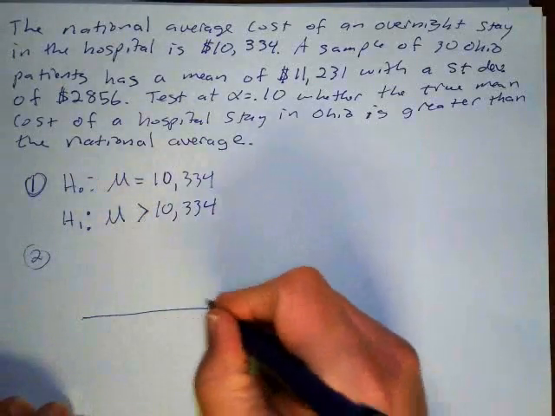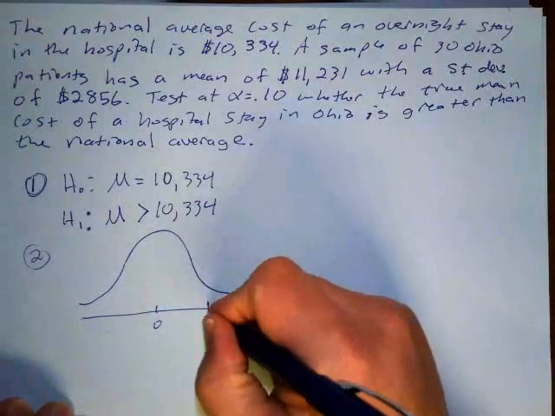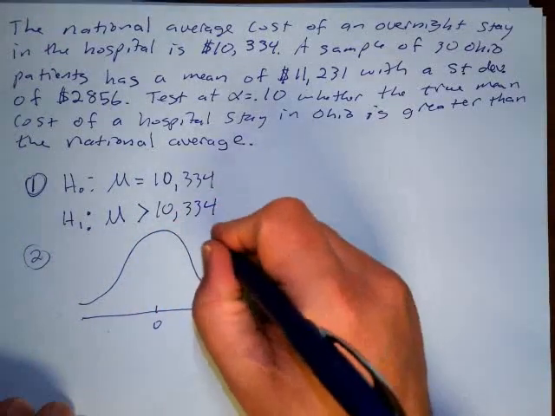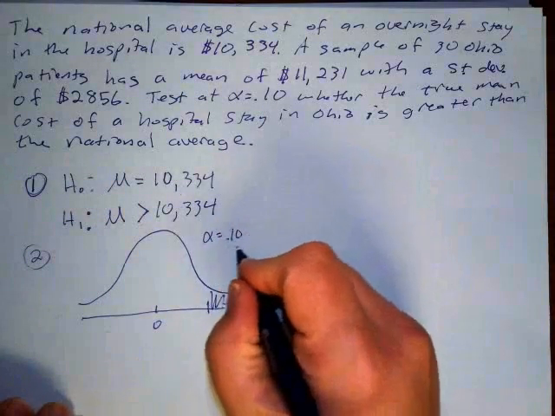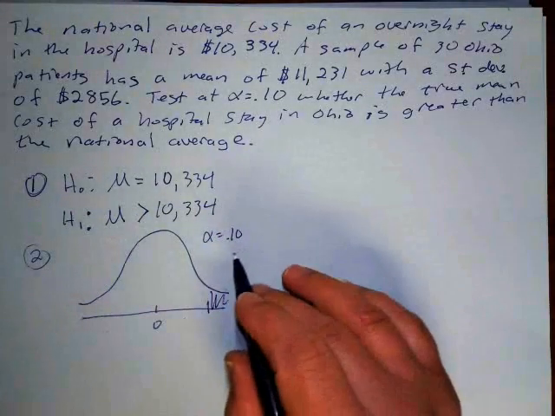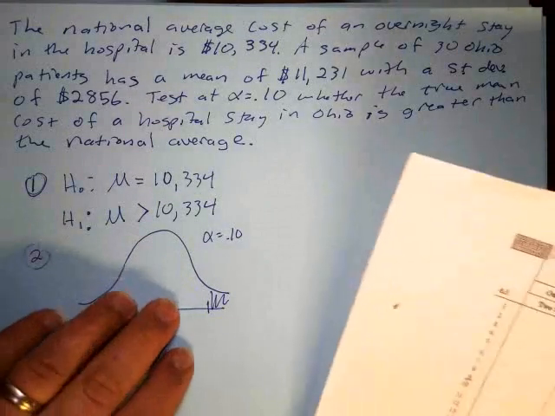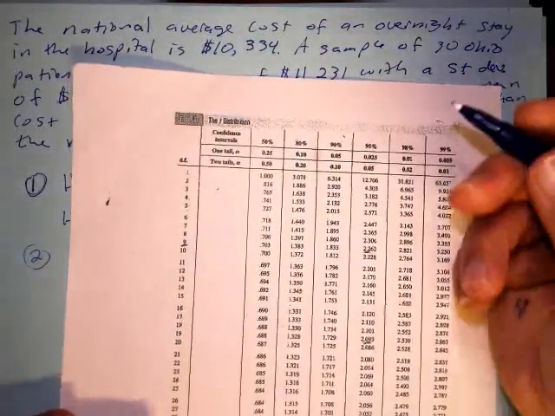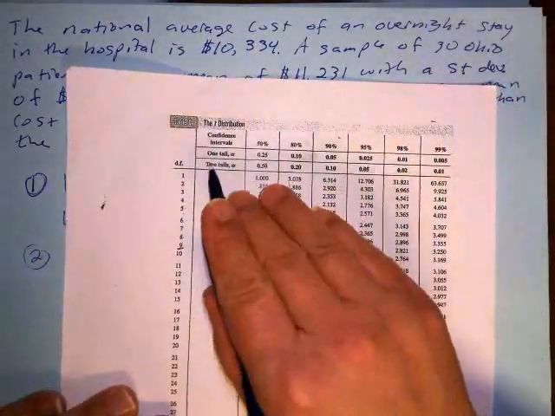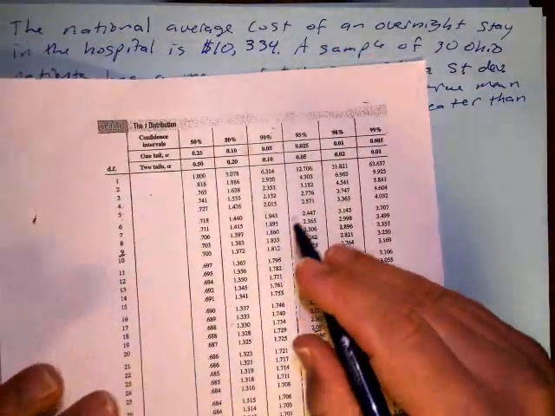When we draw our rejection region, put 0 in the center. Our alpha in this case is 0.10, the biggest alpha we have so far, which means the results are the least significant. That's a 10% chance of committing a type 1 error. This is a one-tailed test because it's right-tailed.